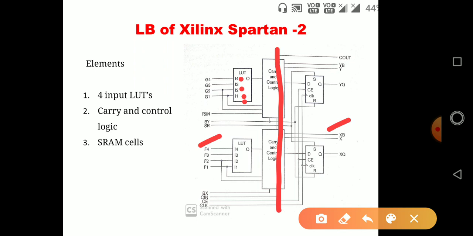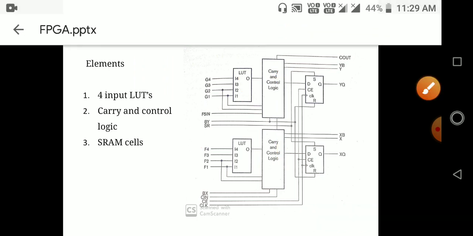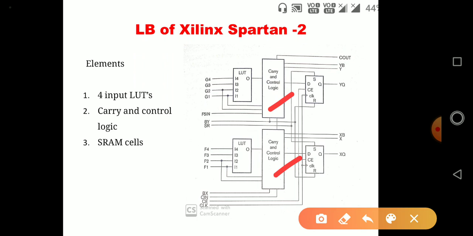As I already mentioned, the lookup table helps in finding the Boolean expressions needed for the logic operations, and then there is the carry and control logic. Here this is the carry and control logic. These carry and control logics help in interconnection of these logic blocks, and they may comprise XOR and AND gates for implementation of adders as well as multiplexers.